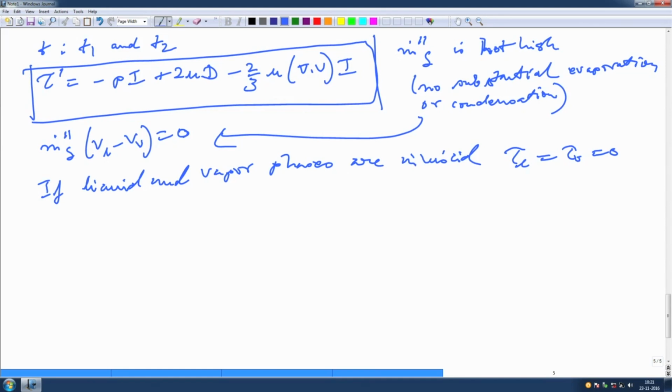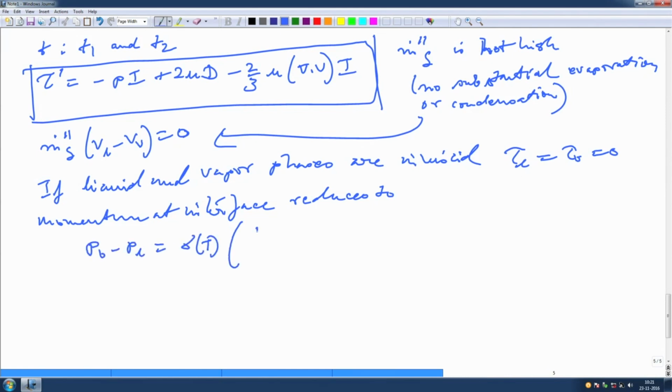So, in that particular case, the momentum at the interface reduces to PV minus PL equals sigma times (1 by R1 plus 1 by R2) minus PD, right. This is what we are very familiar with, that capillary pressure form.